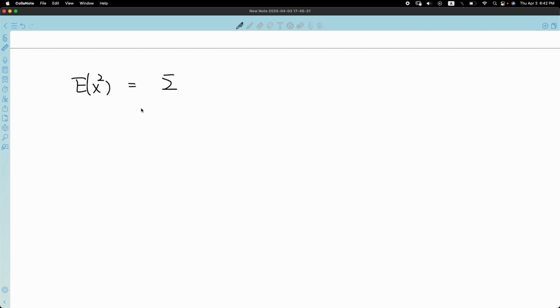Summation again, so apply the formula for the expectation. Here I'm going to use the index x from 0 to infinity of x squared p of x, and that is just the Poisson distribution.